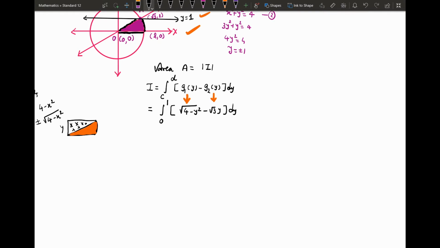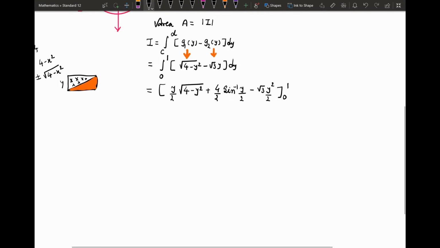Now by formula this is y by 2 under root 4 minus y square plus a square by 2, that is 4 by 2, sine inverse y by a minus root 3 y square by 2, limit 0 to 1.